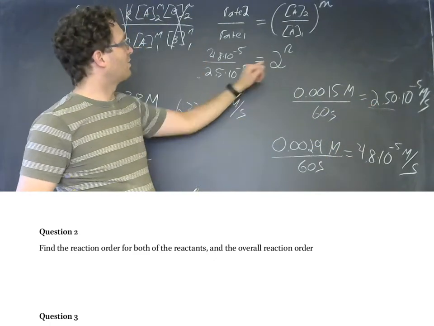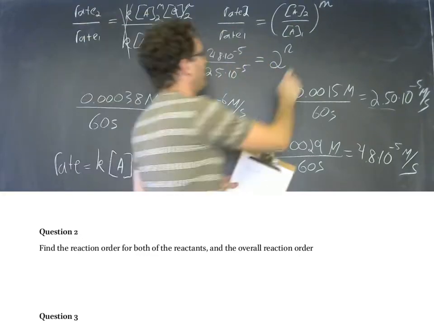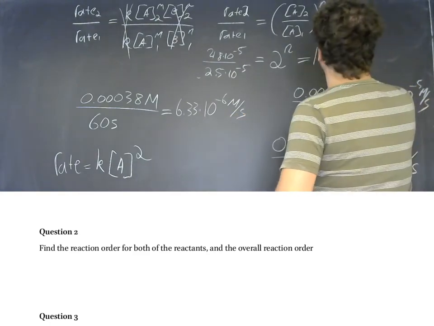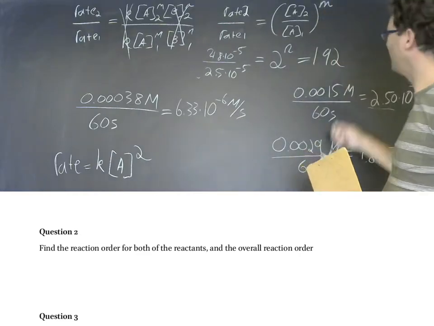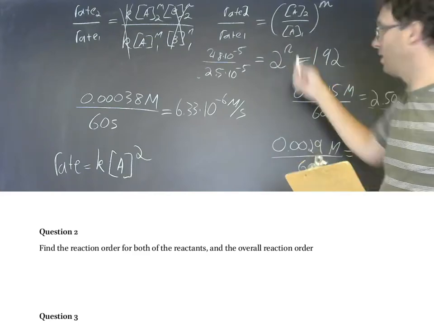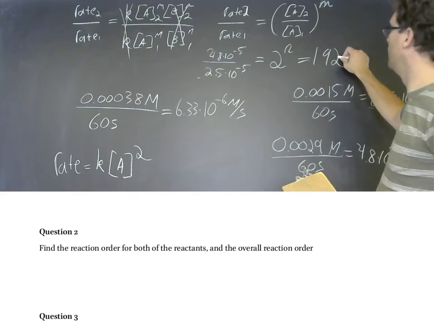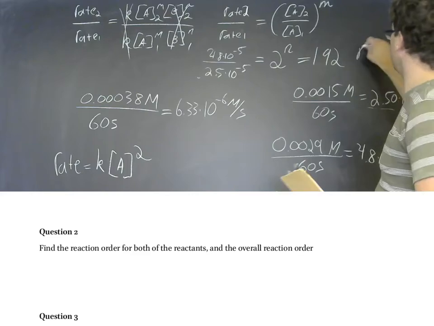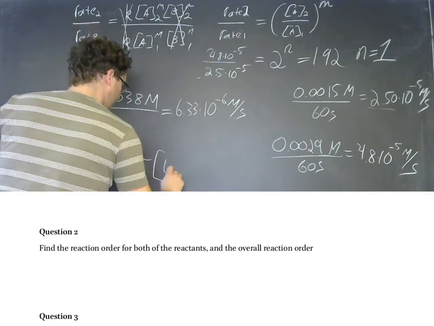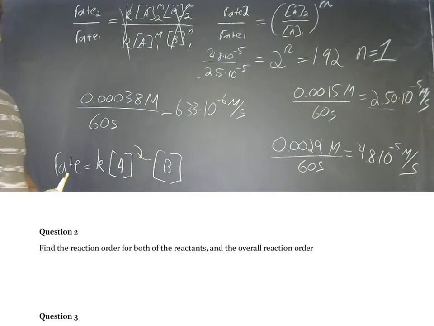So 4.8 divided by 2.5 is going to equal 1.92. Again, it needs to be equal to 2 raised to some integer power, and within that constraint, this is really most close to 2, or in other words, N equals 1. And that means that our rate law is now complete: rate equals k times A squared times B.